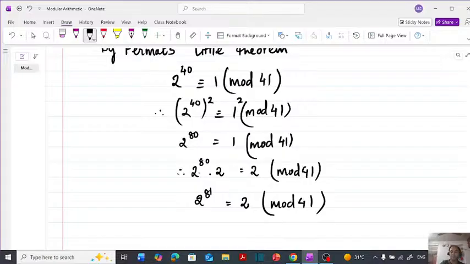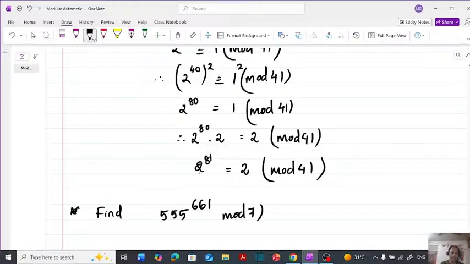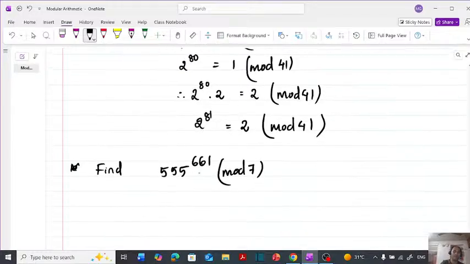Okay, so let us calculate the power. Let's say find 555 to the power 661 modulo 7. Now, what is it?